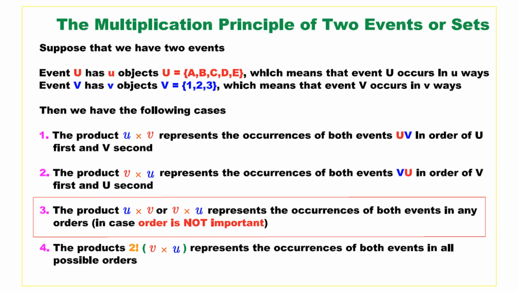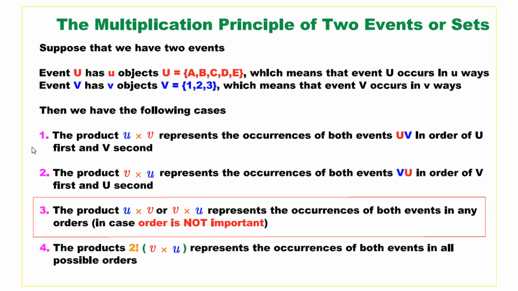But before we continue, let us remember the multiplication principle of two events or sets. If event U has U objects and event V has V objects, then the product U times V or V times U represents the occurrences of both events in any order, and this is the case of the multiplication principle where order is not important.